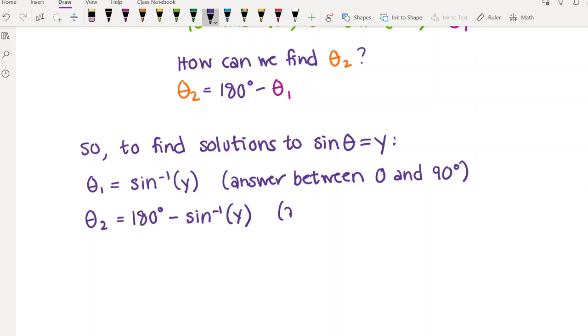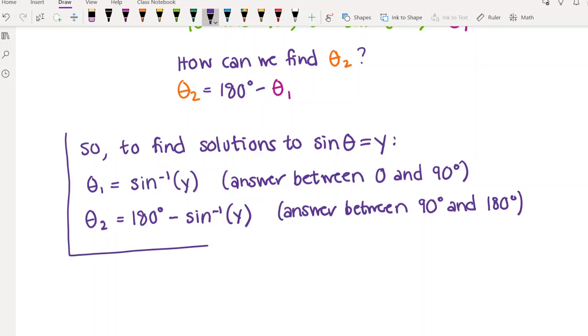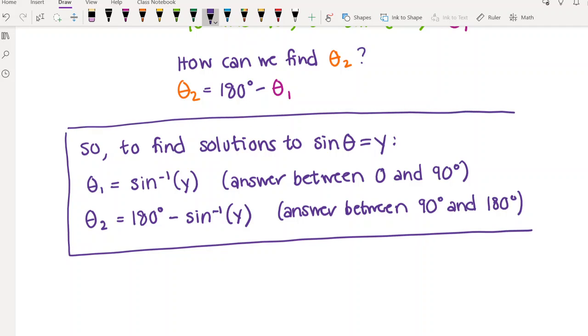And so this is going to give you an answer between 90 and 180. So if you're overwhelmed by all this information and you're looking for that one tidbit you need, it's this. We're about to use this going back to the question we were just working on.